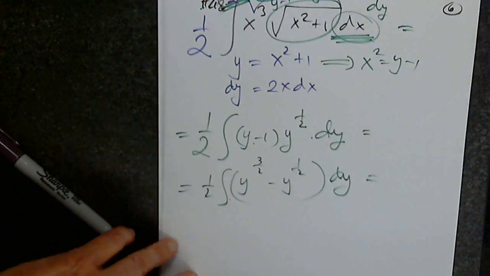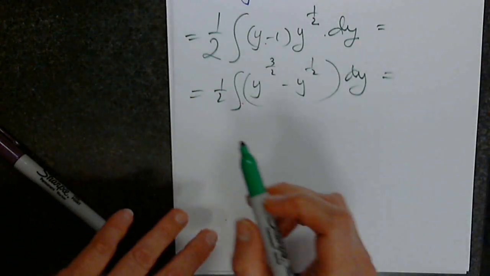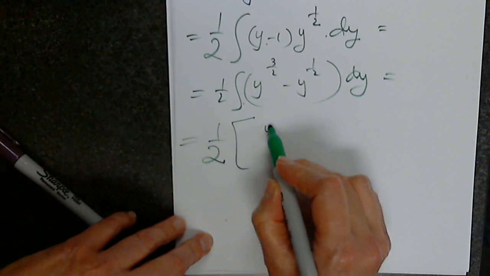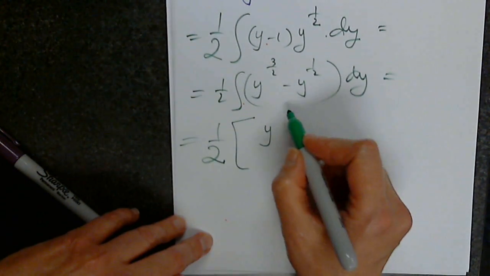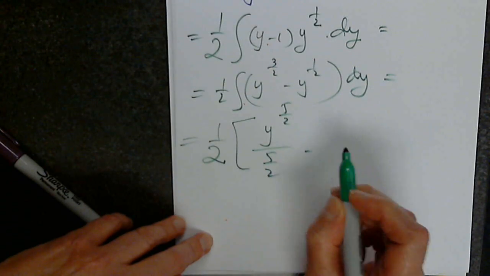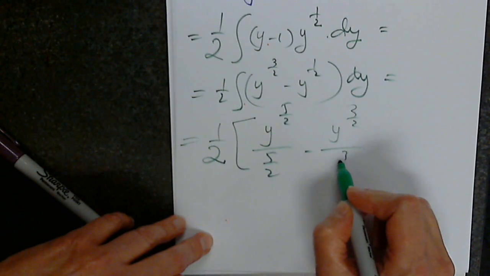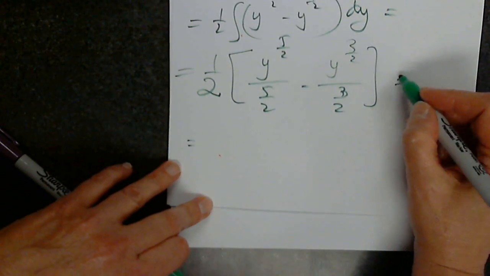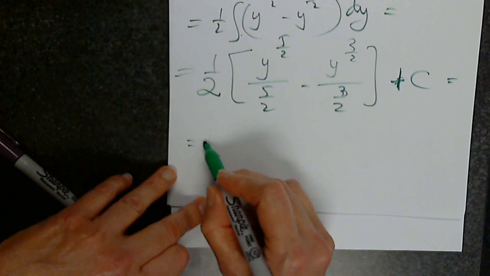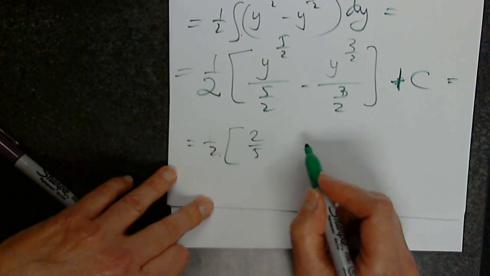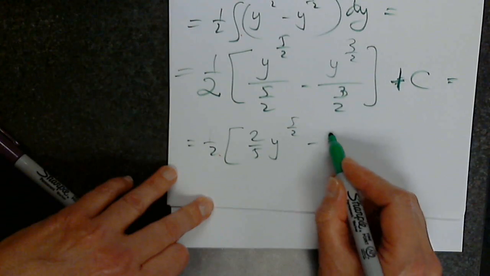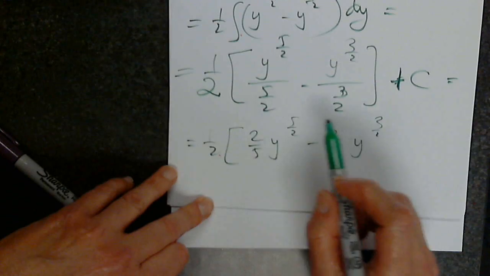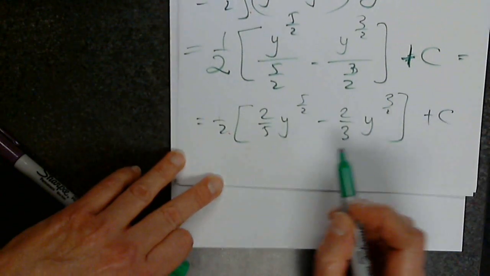And now I will find the antiderivative. 1/2 is outside. So then y to 3/2 plus 1, which is 5/2, over 5/2 minus y to 3/2 over 3/2. And then I flip. Of course, plus a constant c. So this is 1/2 times 2 over 5, y to 5/2 minus 2 over 3, y to 3/2, and plus a constant c.